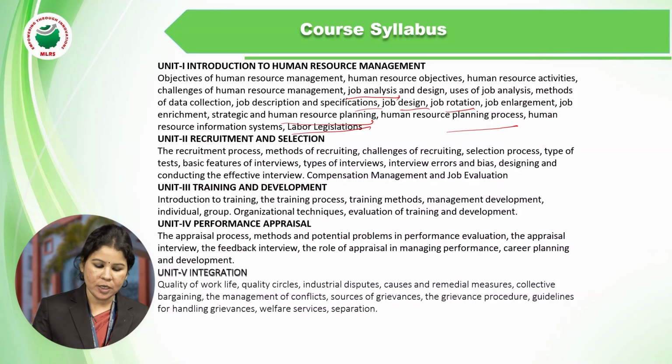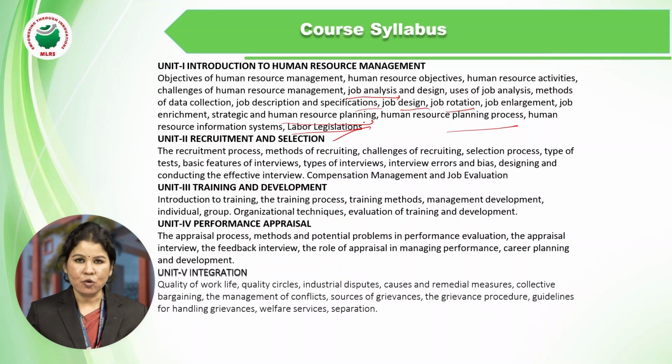Coming to unit 2, we have recruitment and selection, where we discuss the process and methods of recruitment, challenges of recruitment, and selection, in which we discuss the selection process, interviews and types of tests, interview errors and bias, how to design an interview, and how to conduct an effective interview.